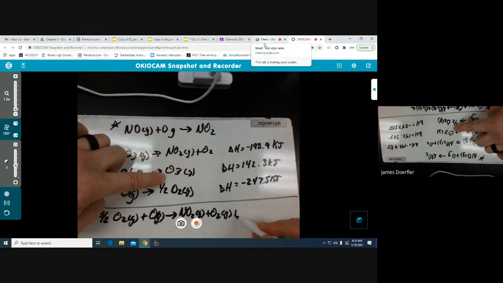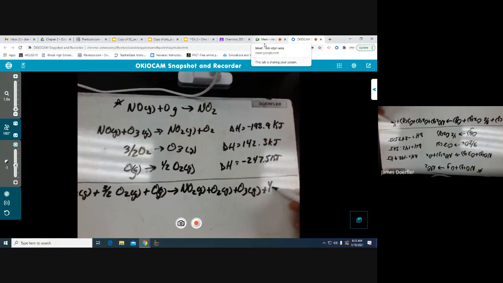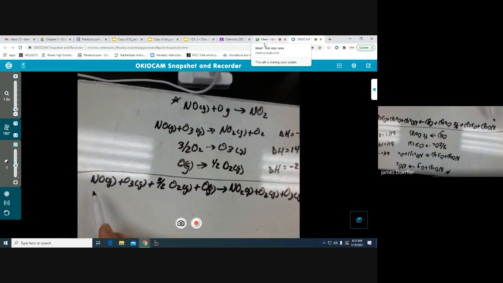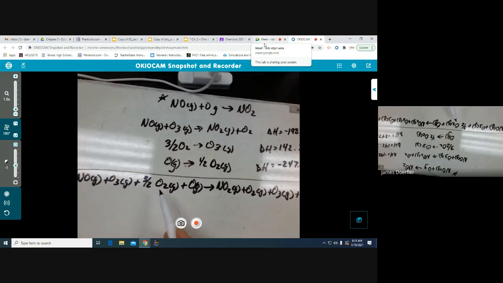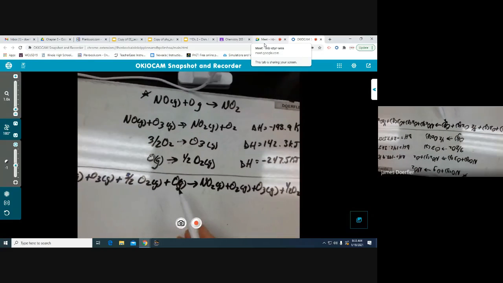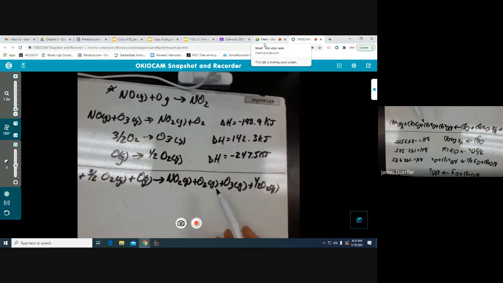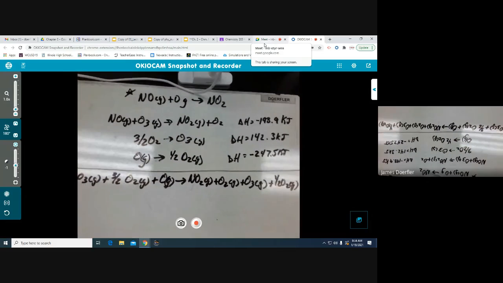Move on to the second one. Plus O3 gas plus 1/2 O2 gas. Whew. Okay. So again, just to recap, NO gas plus O3 gas plus 3 halves O2 gas plus O gas yields NO2 gas plus O2 gas plus O3 gas plus 1/2 O2 gas. Okay.